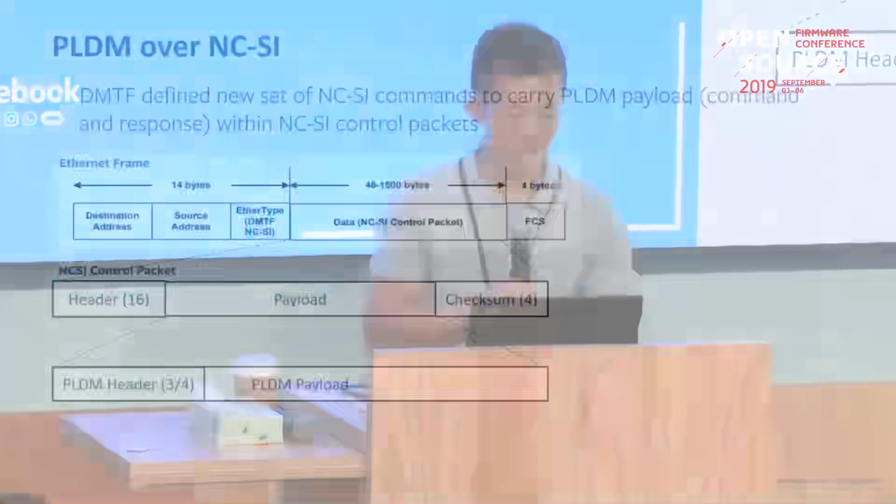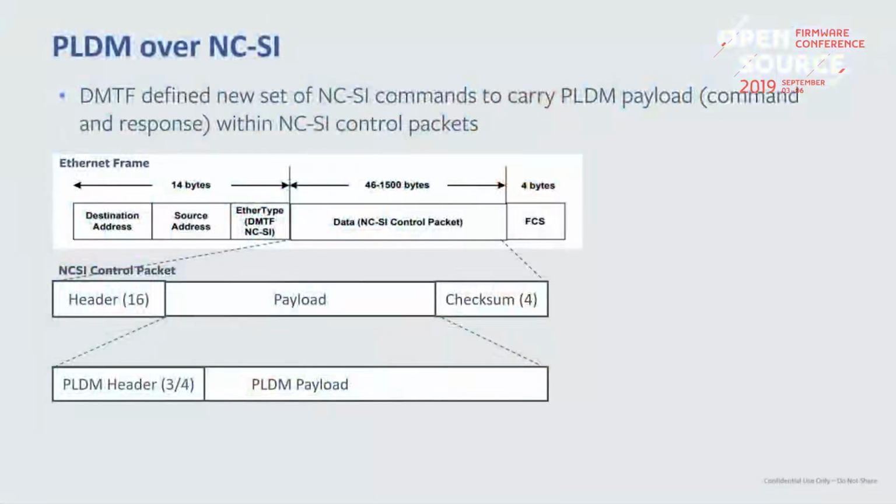Here are more details on PLDM over NCSI. Essentially, we have a normal Ethernet frame and a special type identifier to identify that this is an NCSI control packet. Within the NCSI control packet, there is a certain NCSI command which allows us to carry PLDM traffic.